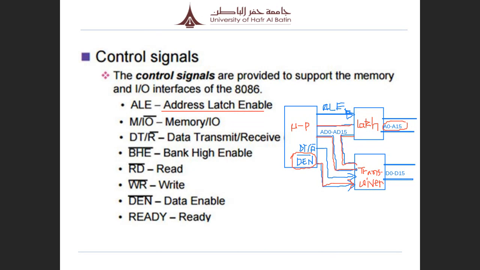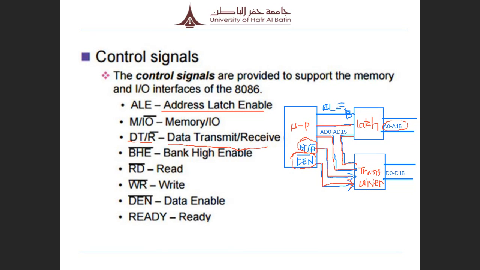And what about this signal? You can see there is another control signal, data transfer / receiver. Look here, data transfer slash receiver. This is also an input signal for the transceiver.